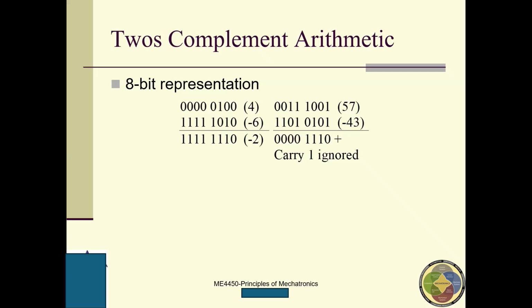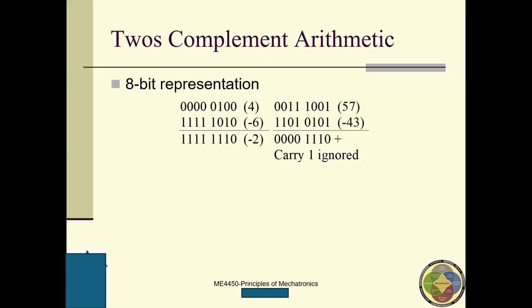Yes, you need to borrow. It's very similar to our decimal one. So this 0 cannot minus 1, and you need to borrow 1. If you borrow 1, then 0 minus 1 equals 1, but you need to keep borrowing from here continuously. And this 1 becomes 0. So this will be my minus 6.